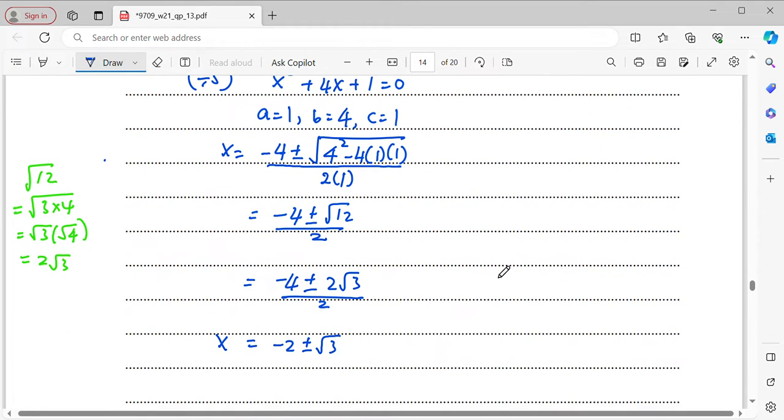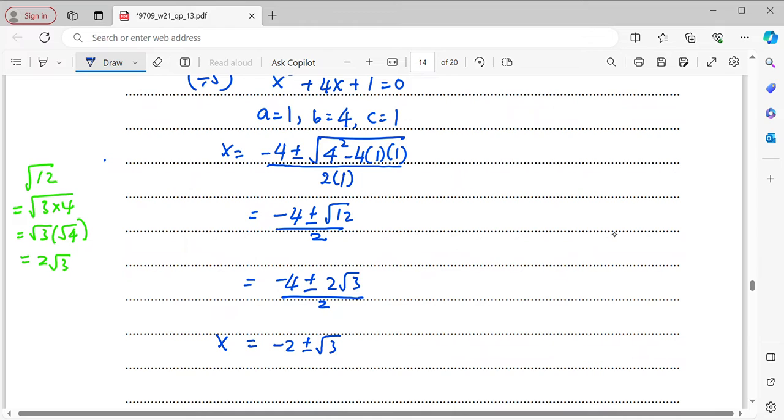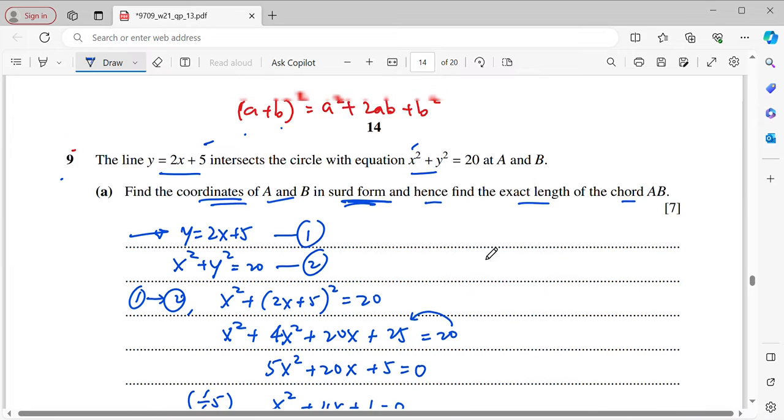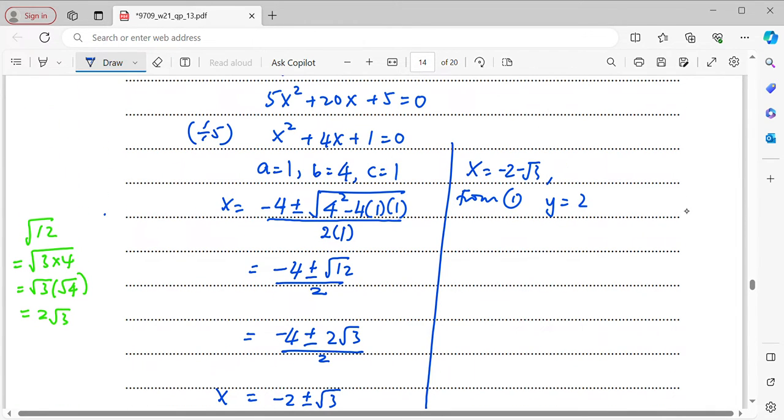Now with this x, we have to find the y by substituting it into the first equation. When x equals negative 2 minus square root 3, my y is 2x plus 5. That means I will be getting 2 times negative 2 minus square root 3, plus 5.